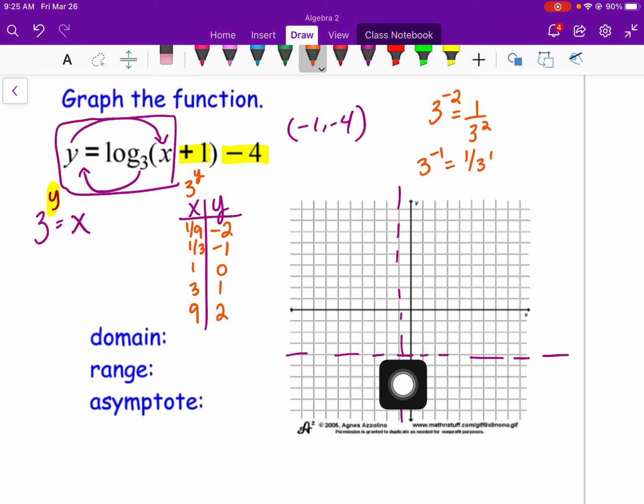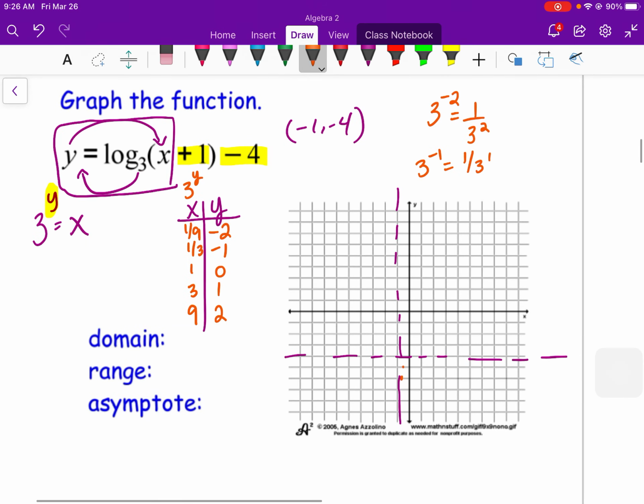So then graphing again from my shift, you would go over 1/9 and down -2, over 1/3 down -1, 1, 0, 3, 1, and then 9, 2. And then that log function is going to look similar to this.